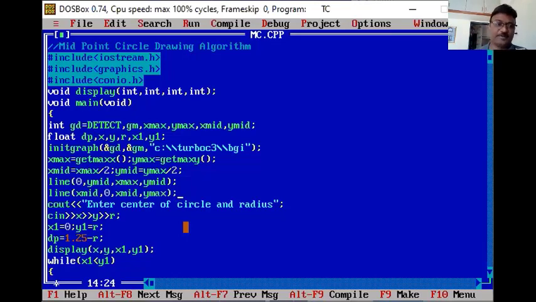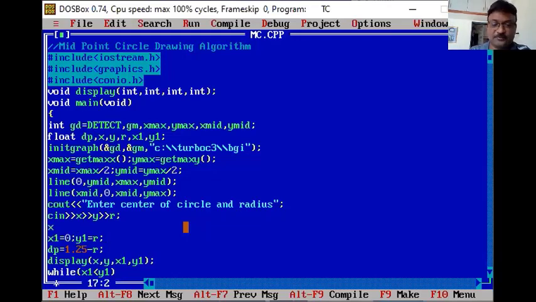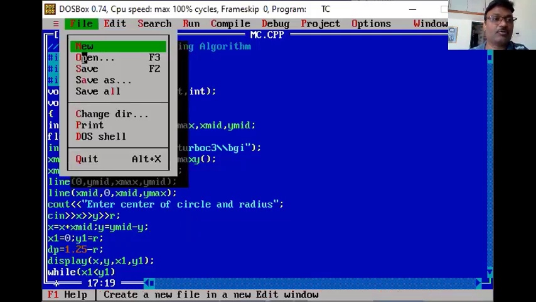Now once you read all the coordinates, you have to put x is equals to x plus x mid, and y is equals to y mid minus y. So that x and y value you have to change with your coordinates. This is the way that you can write it with the quadrant.